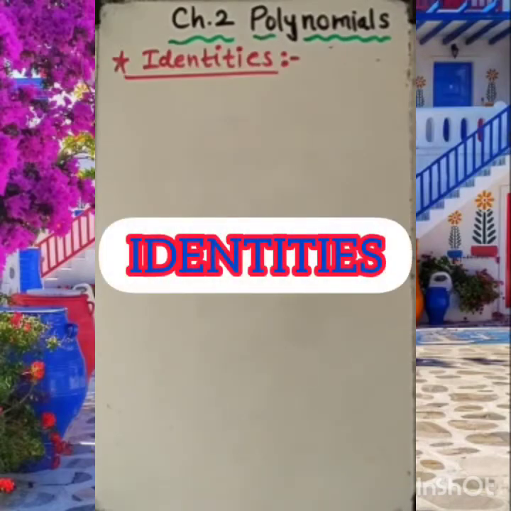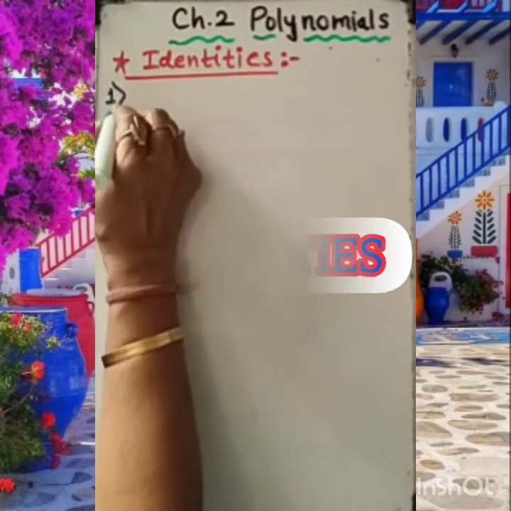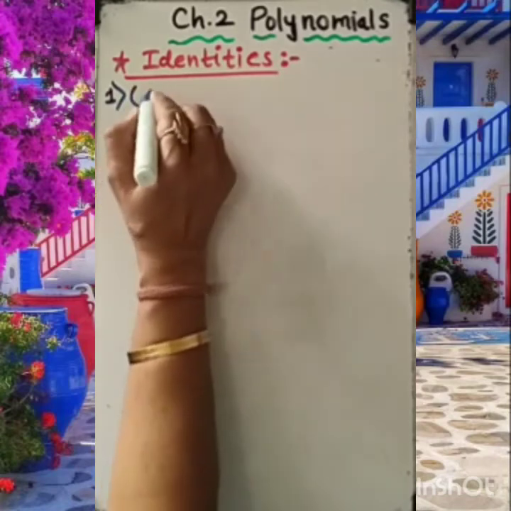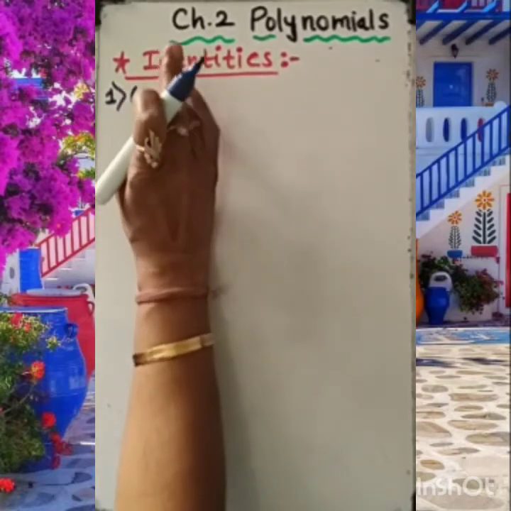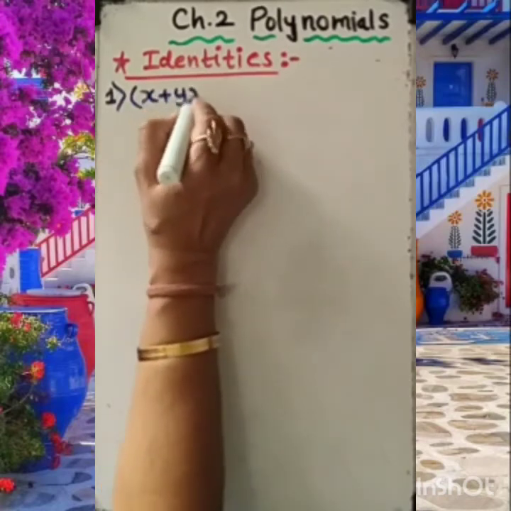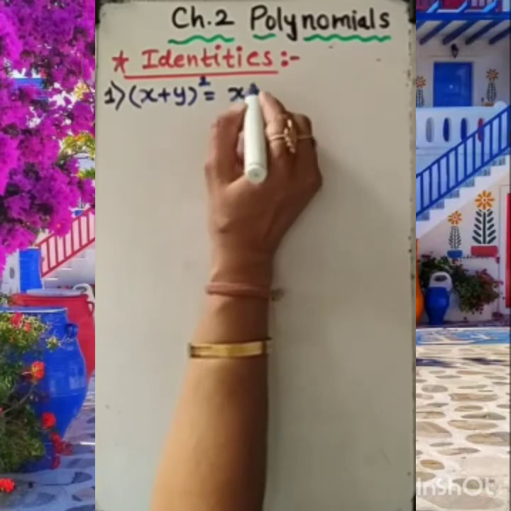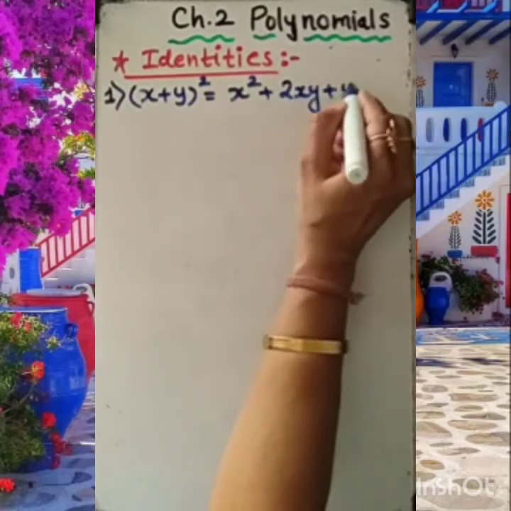So my dear students, now let's make a list of identities which we are going to apply in the polynomial chapter. As we have studied 4 identities in our previous class, let's note down those first. x plus y whole square is x square plus 2xy plus y square.